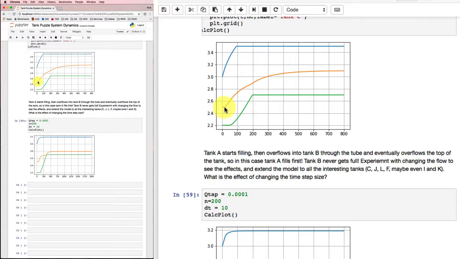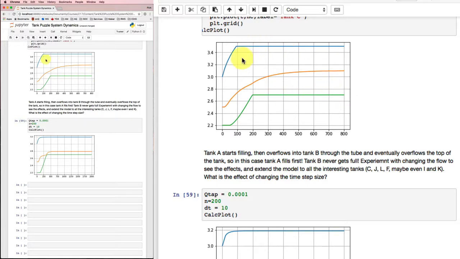Tank B doesn't start filling until we get up to 3.1 meters, and then it starts filling, and when it gets up to the height for the 2.7 meters, where it starts overflowing into tank C, then tank C starts filling up. And because tank C has no outlet, it eventually fills and overflows too.